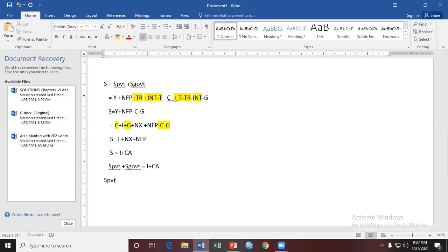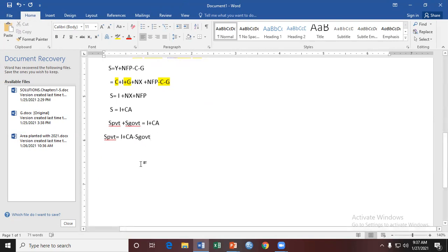Private saving is equal to I plus CA minus SG. This is another private saving identity.